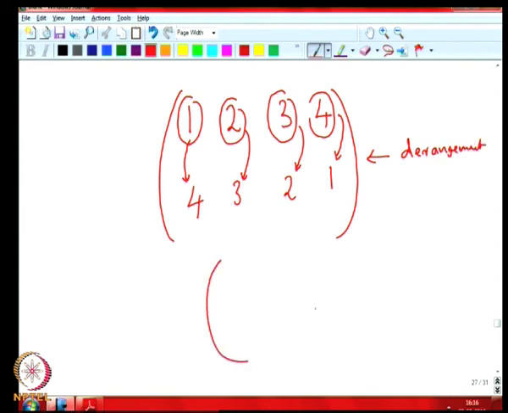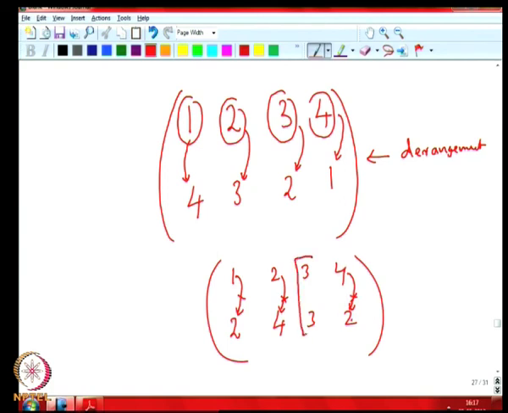An example of something that is not a derangement would be, say for instance, 1, 2, 3, 4 with the permutation 2, 4, 3, 1. Here the first position we have no problem because it is not 1. The second position we have no problem because we are seeing 4 not 2. In the fourth position also we do not have a problem because we are seeing a 1 not 4.